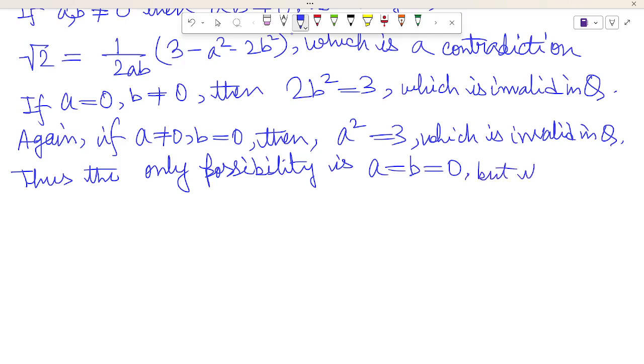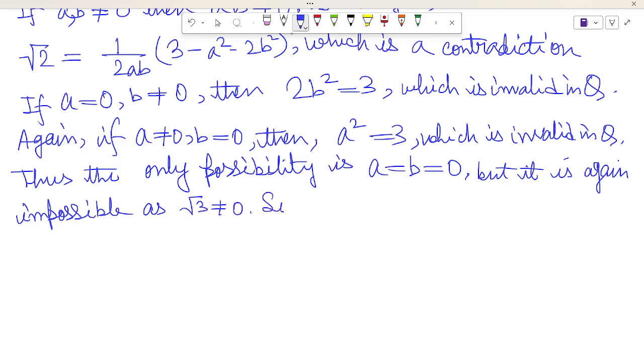But it is again impossible as root 3 is not equal to 0. So such a, b cannot exist. So root 3 cannot be inside Q root 2.